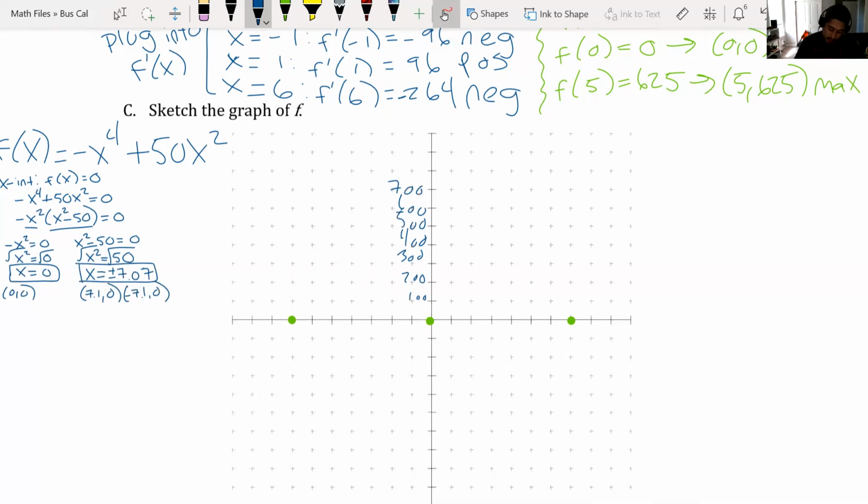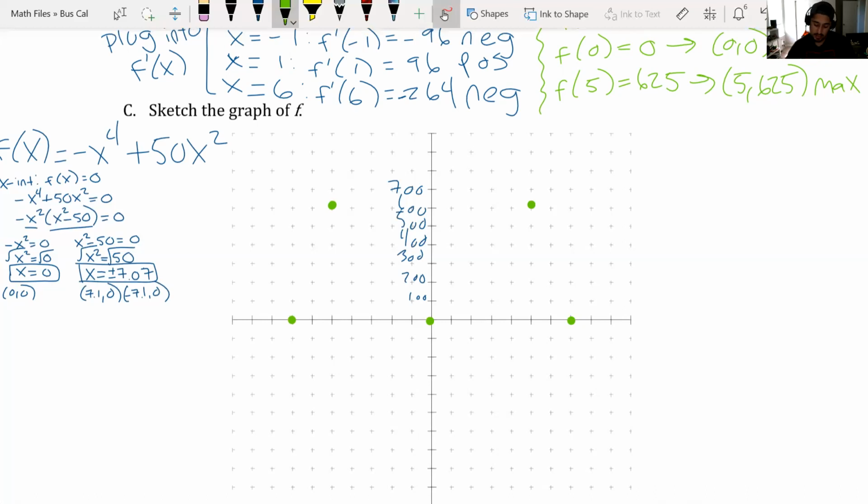Back to this. So -5 and 625. 1, 2, 3, 4, 5, and then 625, somewhere around there. Then (0, 0), that's already plotted. And then 1, 2, 3, 4, 5, and 625.